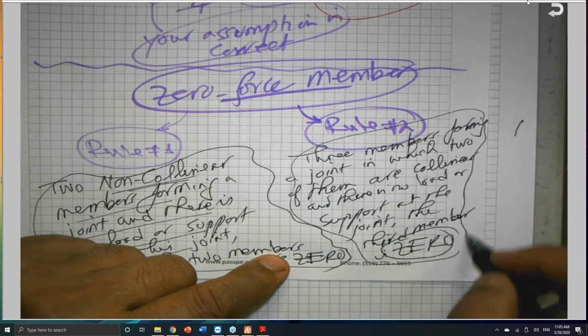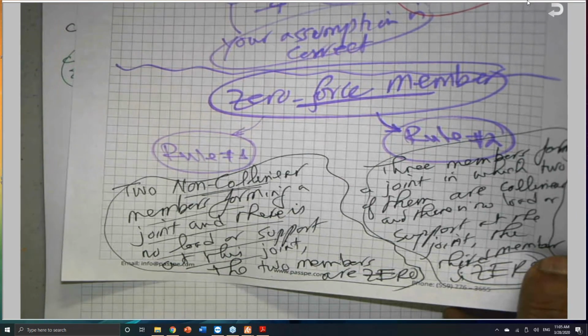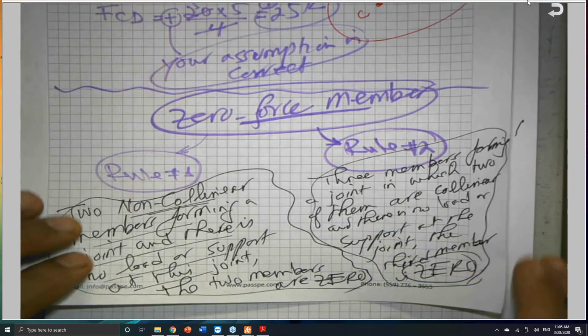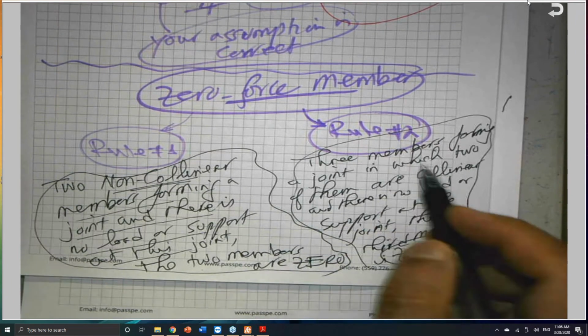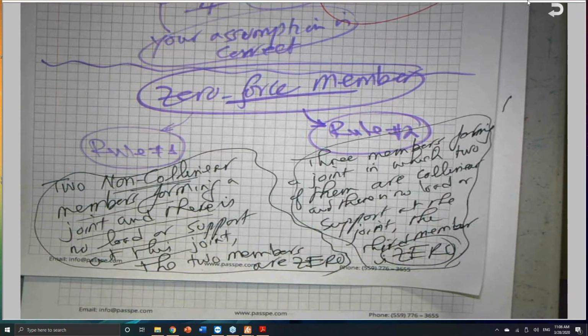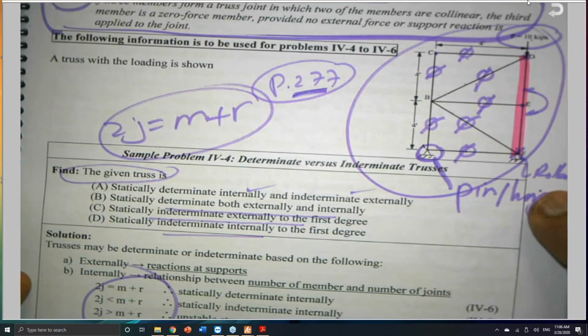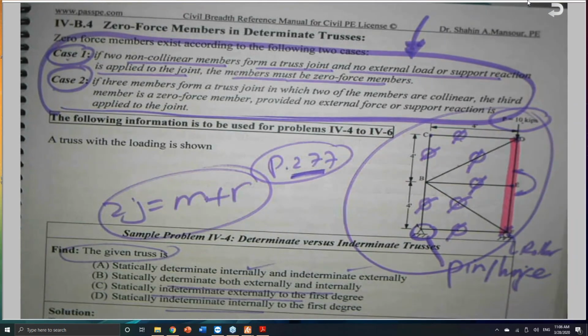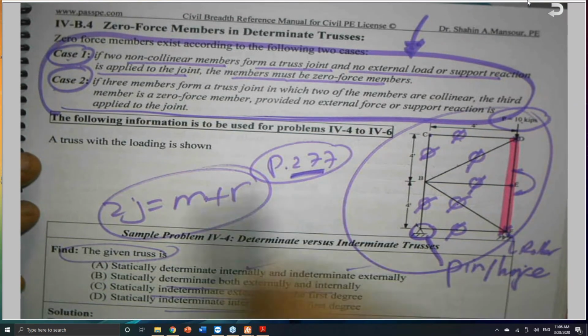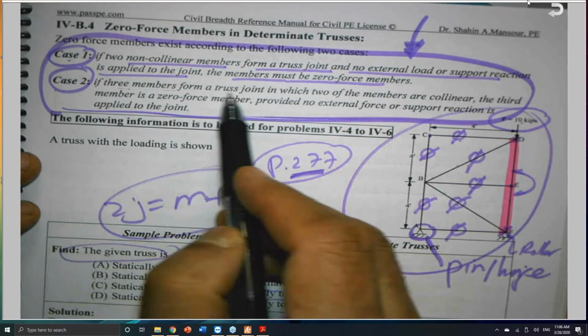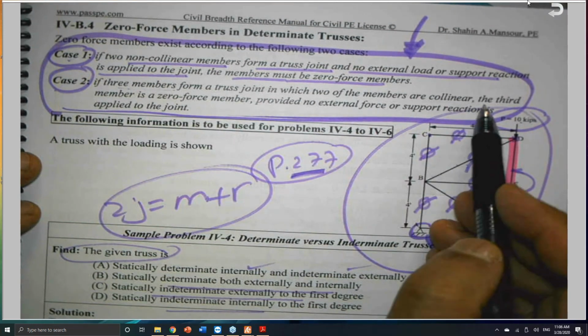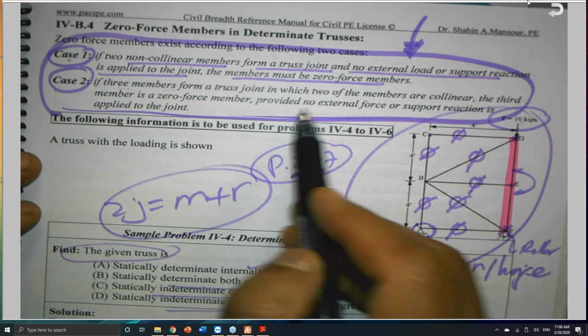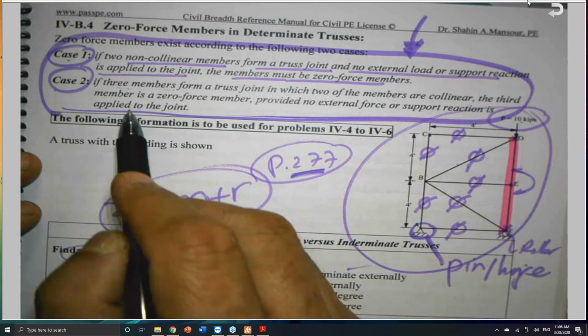A little bit is not as easy as the first one, rule number 1, but I'm going to translate it into English. Obviously this is my Egyptian English. It could be written in my book a little bit differently, or in your textbook. For example, in my book, in the chapter we are talking about, on page 227: if 3 members form a truss joint in which 2 of the members are collinear, the third member is a zero force member provided no external force or support reaction is applied to that joint.